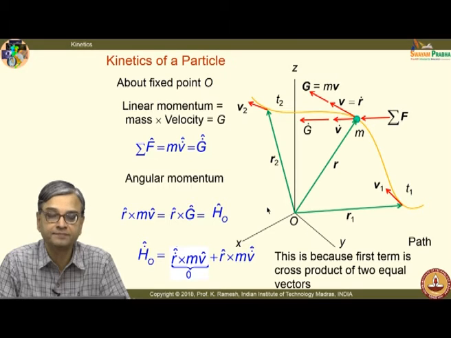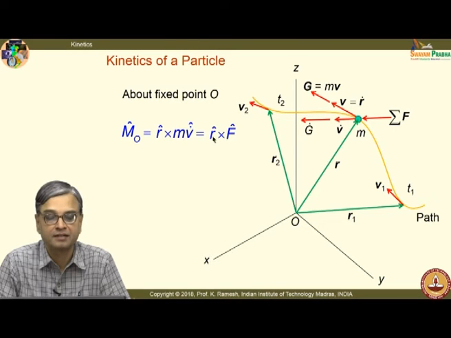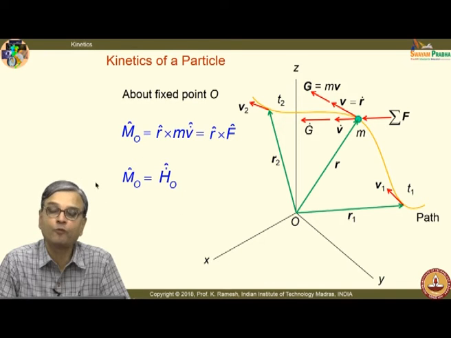That is what is shown there. I can also label this as moment about O, that is r cross m v dot, which is nothing but r cross F. You can go back to your statics and look at the meaning of these expressions. And we get a relationship: moment about O is nothing but rate of change of angular momentum about O.